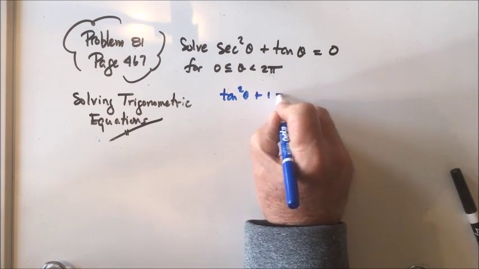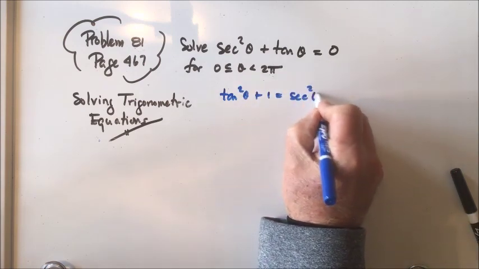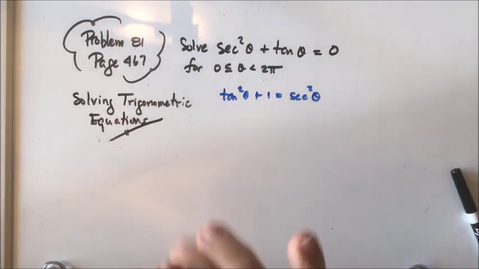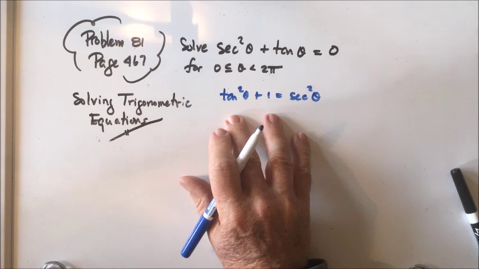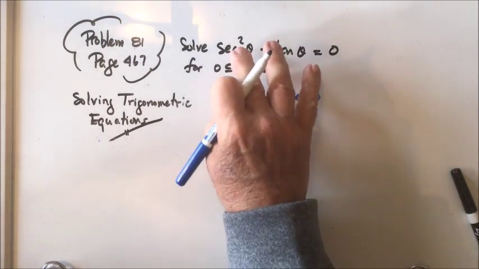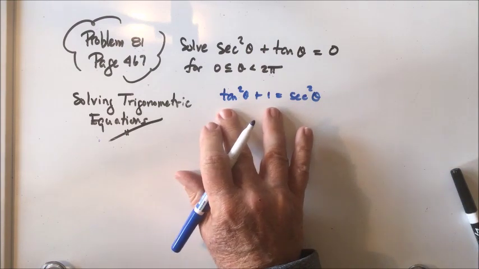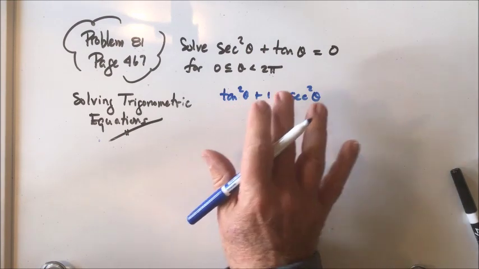Tangent squared theta plus 1 is equal to secant squared theta, derivable from sine squared plus cosine squared equals 1, okay? Or derivable from your head if you can remember it. So let's go ahead and for this secant squared, put in tangent squared plus 1.